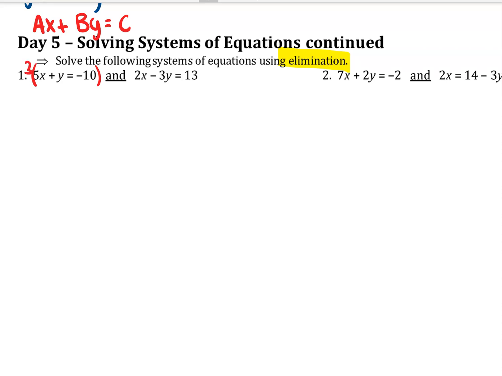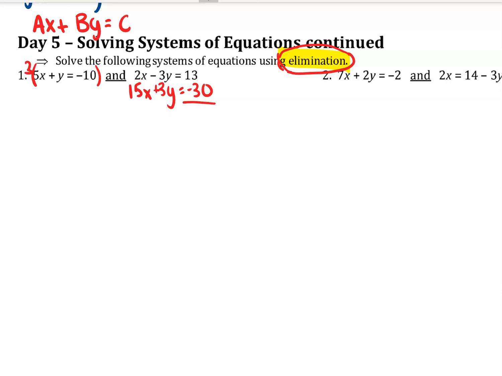When I multiply that, I get positive 15x, positive 3y, and then -30. I like that this one was a -3 and that one is a +3 because I want them to be opposite. The whole reason is because we want them to be able to eliminate. If they're opposite, they will eliminate each other.